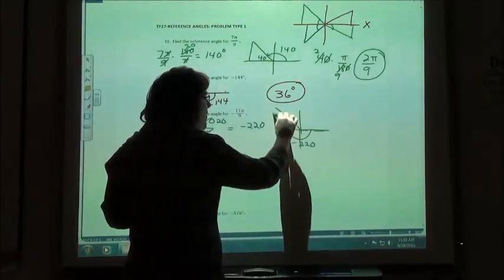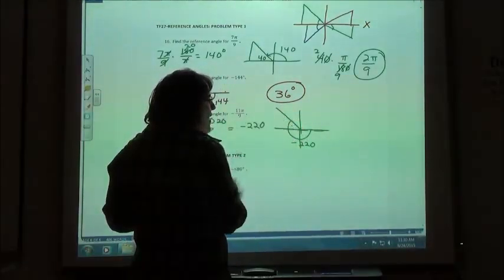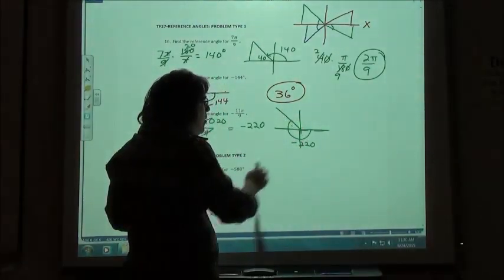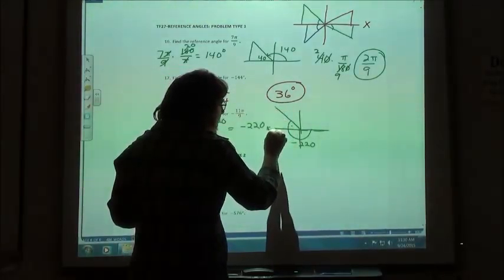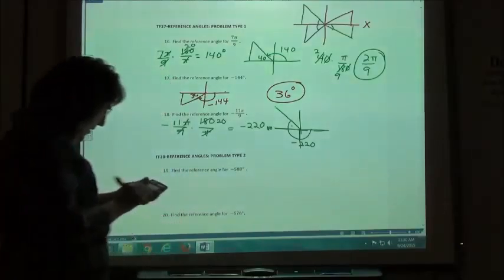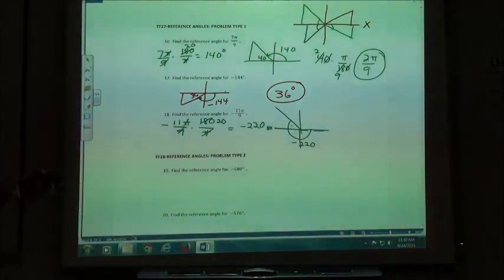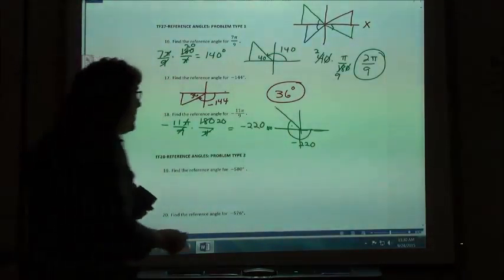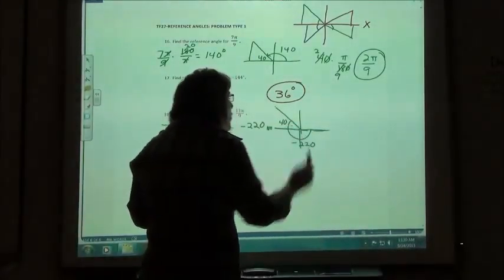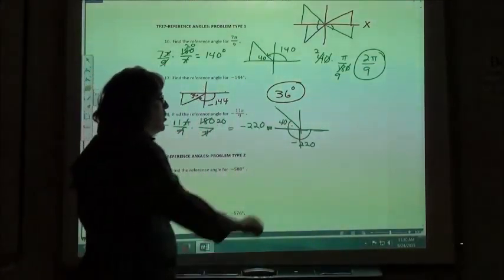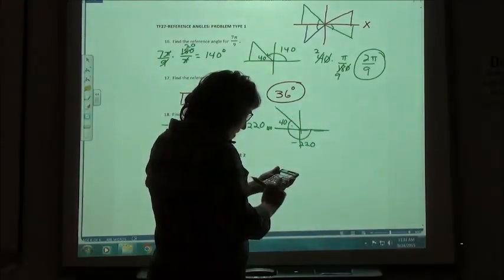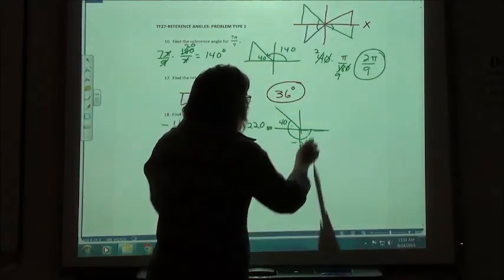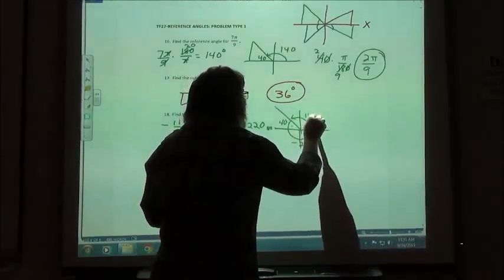So what I'm trying to figure out here is how much space is left down here for this angle down here. If this is negative 220, and here's 180, if I take 220 and subtract 180, that means this angle here is going to be 40. The other thing you can do is, if this is negative 220, take 360 minus 220, and this angle here ends up being 140.